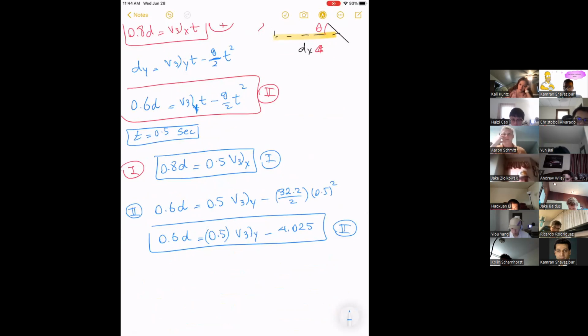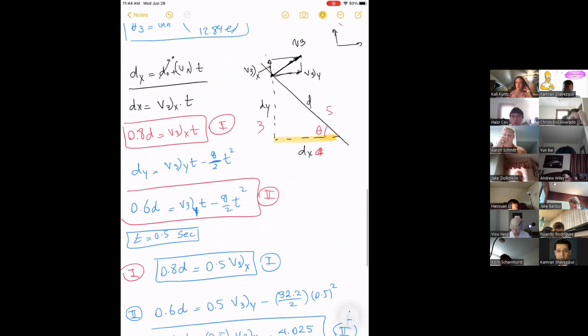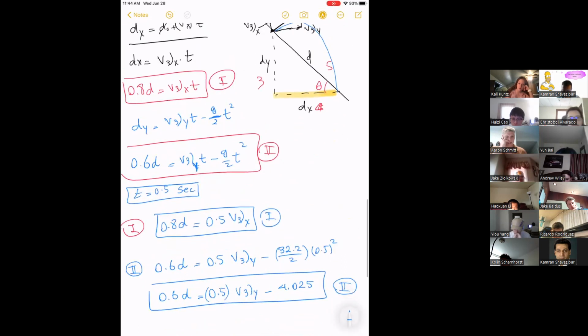Any question? Do you guys follow? So I just separated the projectile motion, analyzed it, got these two equations.